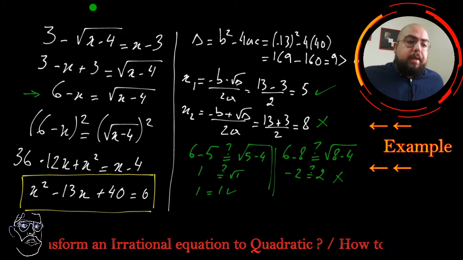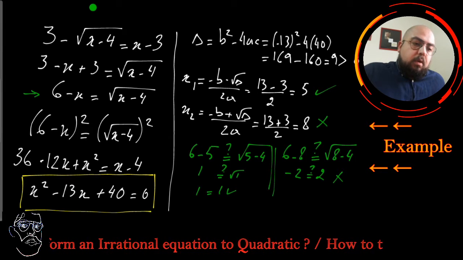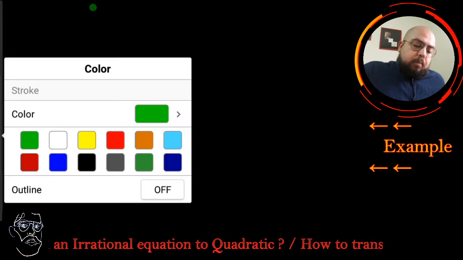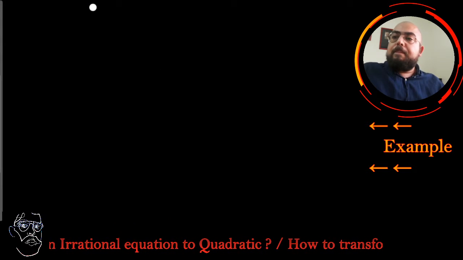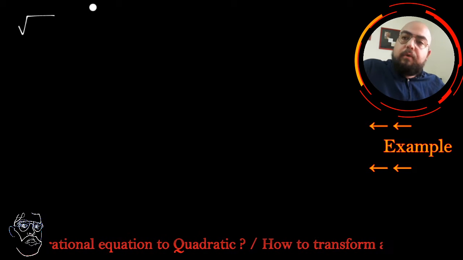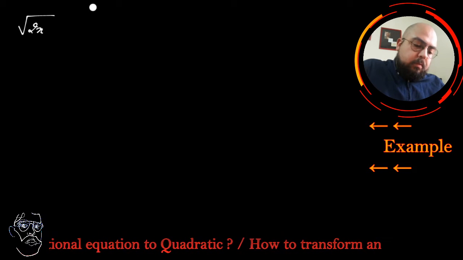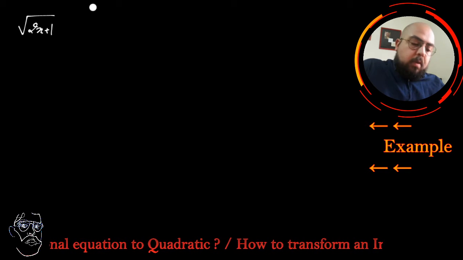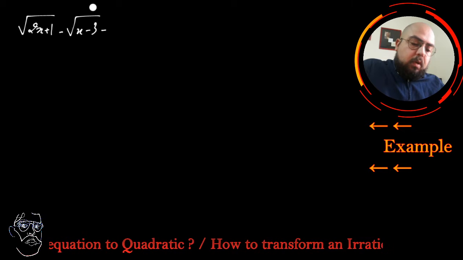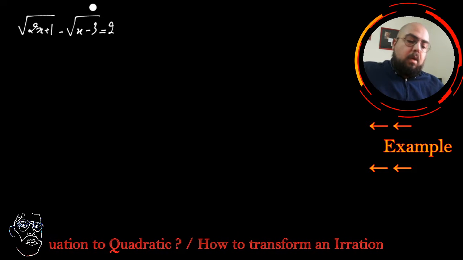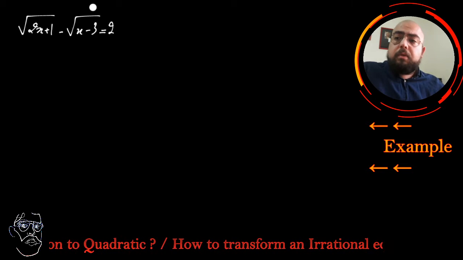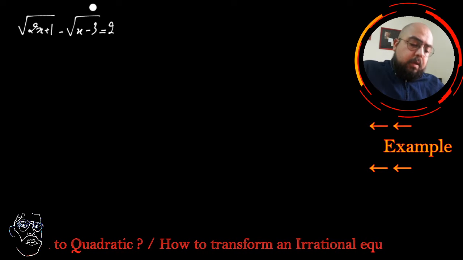I'm going to take another example. So let's take one more example. We have the square root of 2x plus 1 minus the square root of x minus 3 is equal to 2. Now I'm going to write it down in this way.